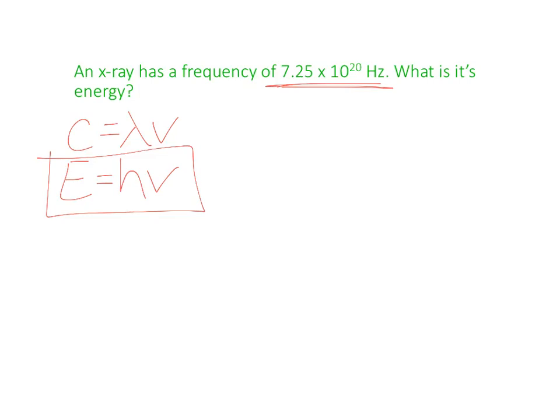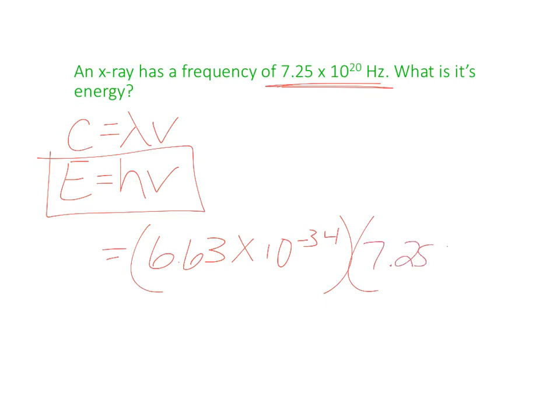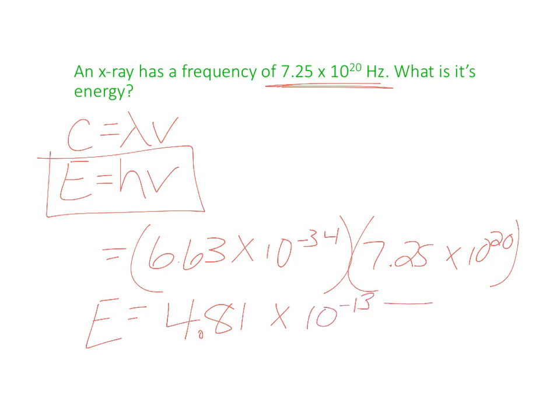So we're going to plug in our H, which is the 6.63 times 10 to the negative 34th, and then our frequency, which is 7.25 times 10 to the 20th. Okay, so 7.25 times 10 to the 20th multiplied by the 6.63 will give us our energy of an X-ray photon, which is 4.81 times 10 to the negative 13th joules.